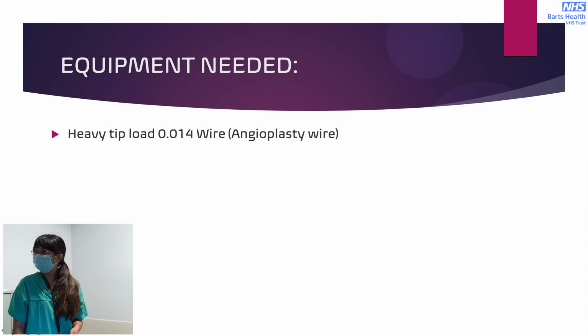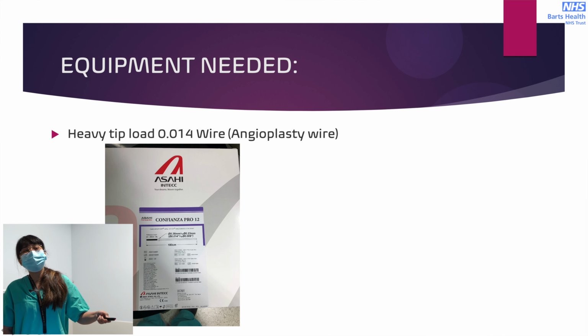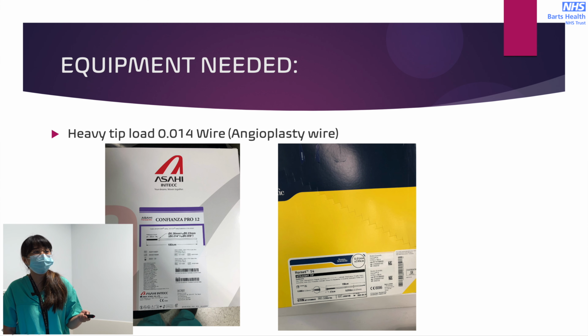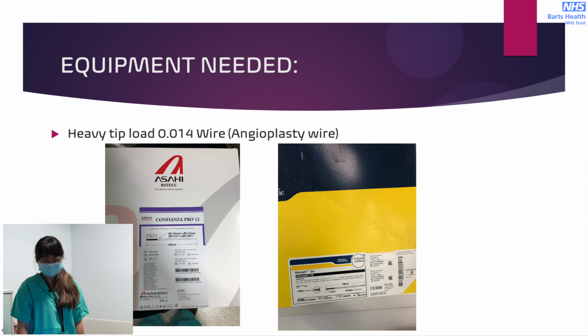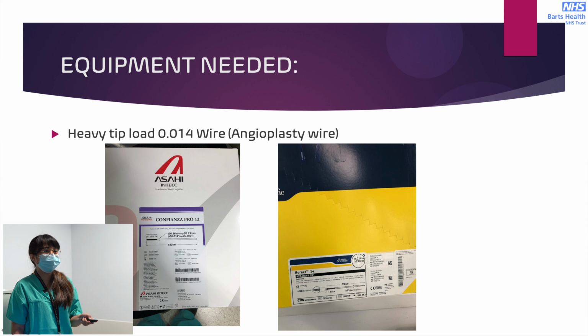Confianza Pro 12, and Hornet 14. So Hornet is stiffer than the Confianza 12, of course. The number corresponds to the tip load, so the higher the tip load, the stiffer it is.